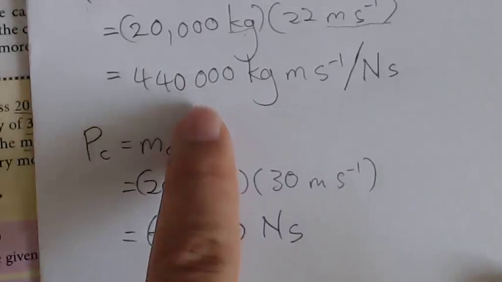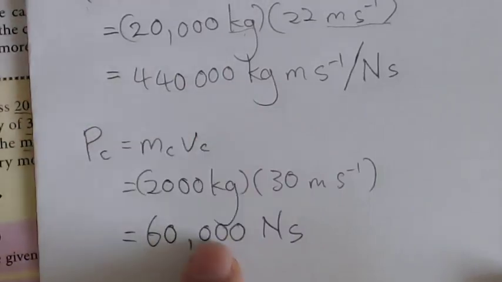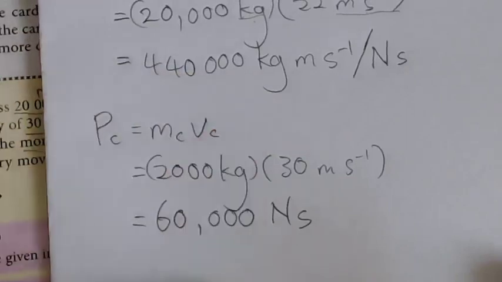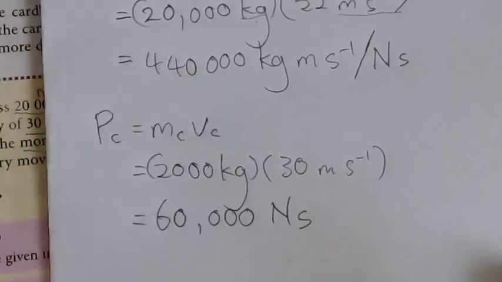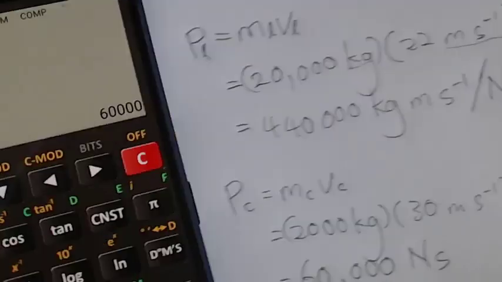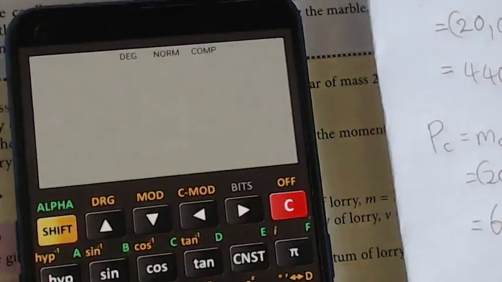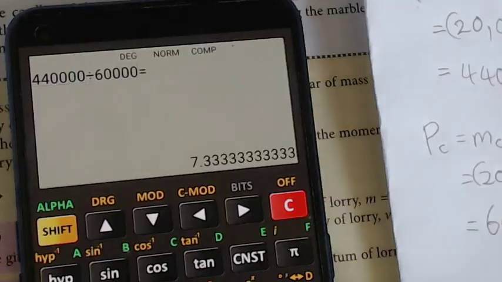How to find the ratio? You divide. You take this, divide by this, and you're going to find how many times. 440,000 divide by 60,000. Wow, look at that.